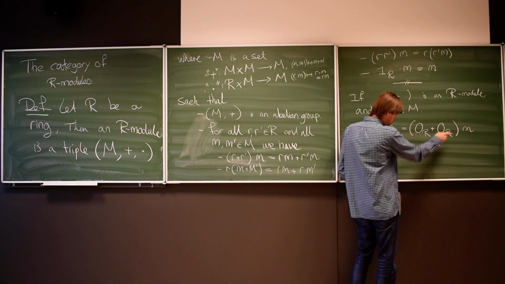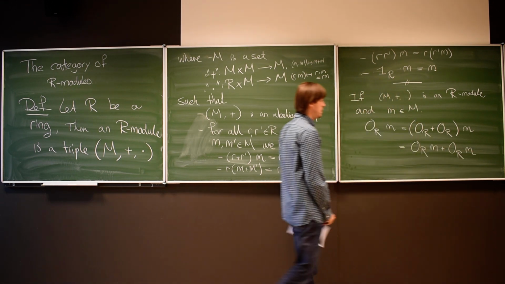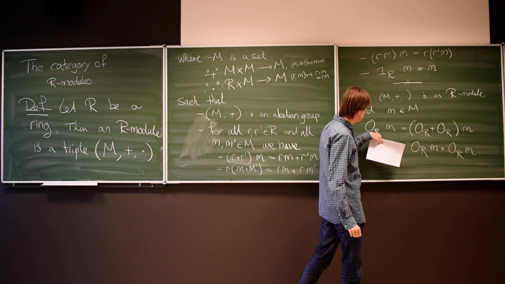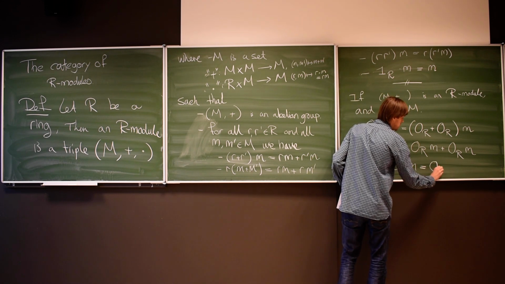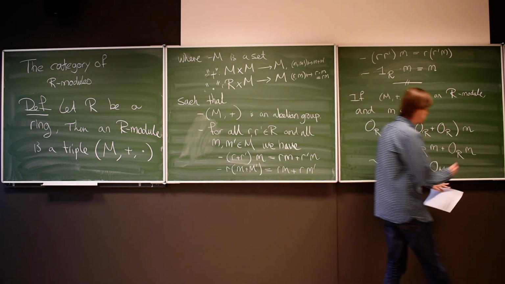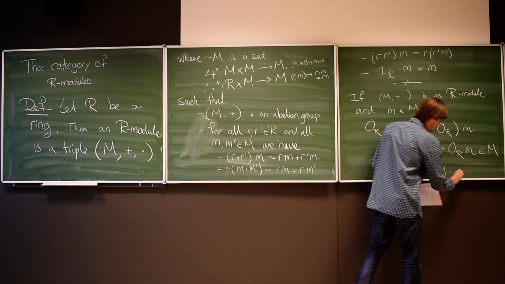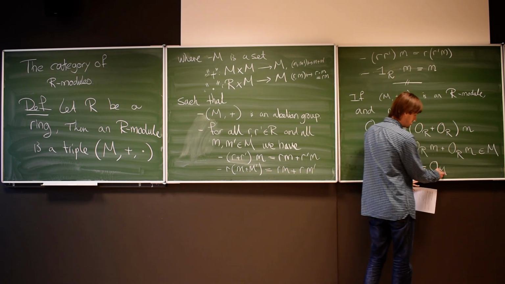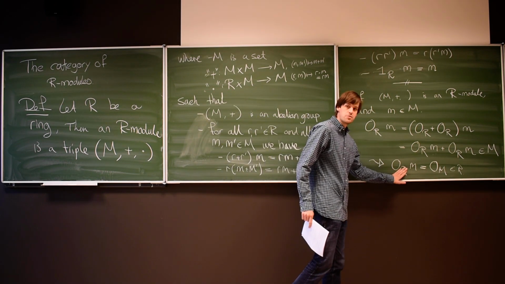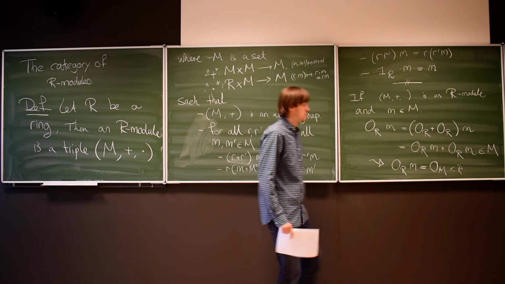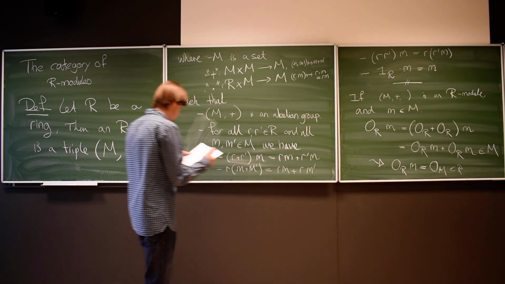And now I can use this distributive property and subtract on both sides 0 of R times m to get that 0 of R times m is equal to the 0 element of M. I carried out the subtraction in M, which is an abelian group, so whatever this element is, it has an inverse, so I can remove it, and I get that 0 of R times m is the 0 of M. So because of this, it is actually acceptable to remove the R from the index and just write 0, so to no longer distinguish between the 0 of M and the 0 of R in such an explicit way.